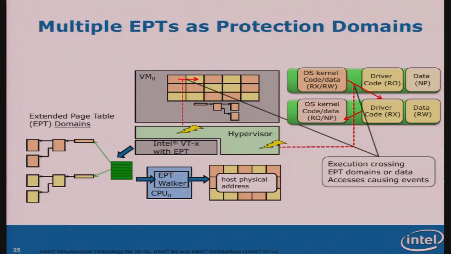The point being, when the driver code is actually called back from the kernel, the hypervisor has a chance to access control those points. This is how the legacy architecture behaves, right? You take an EPT violation, and the EPT violation will let the hypervisor check potentially an entry point on the driver code page and allow the execution to continue by manually modifying the EPTP. This is how it would work in a legacy architecture.